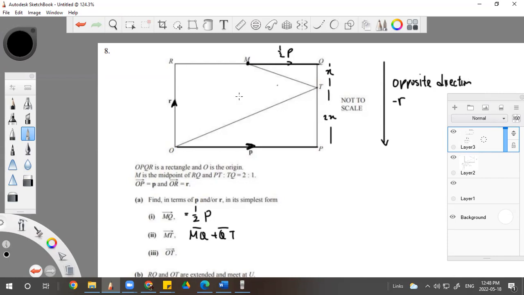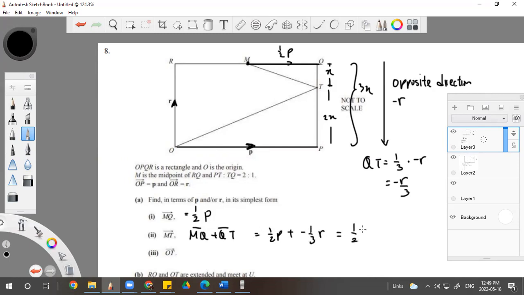OR goes up, so QP goes down. So QT is 1/3 times negative R, since it is one part out of 3 parts in total. So QT is negative R/3. MT is half P plus negative 1/3 R, or 1/2 P minus 1/3 R.